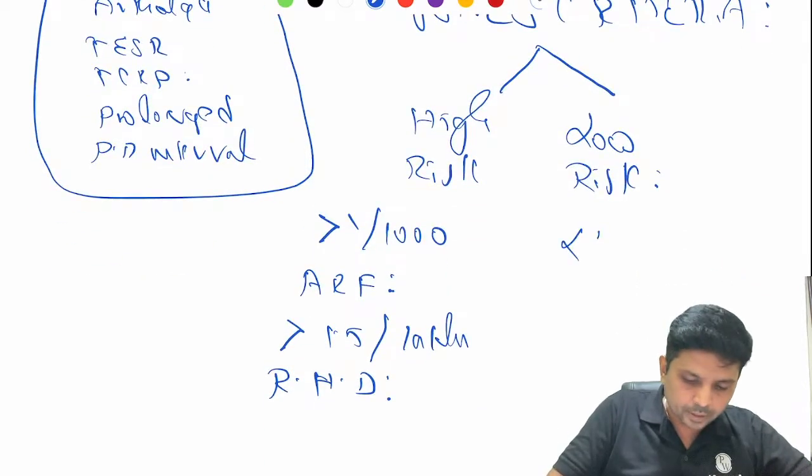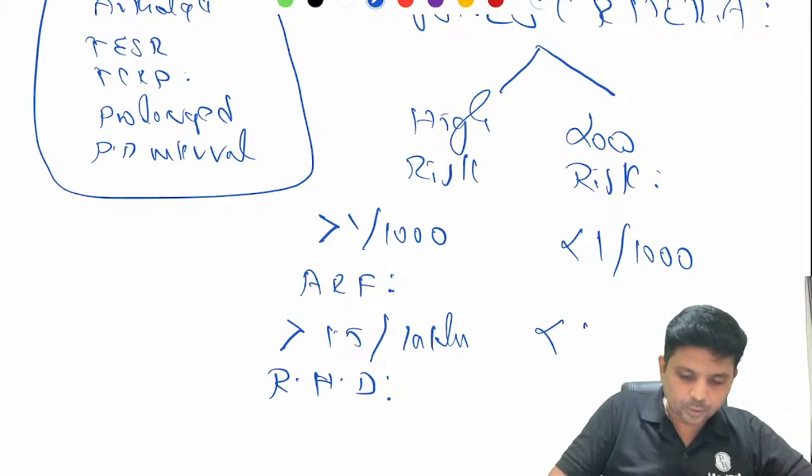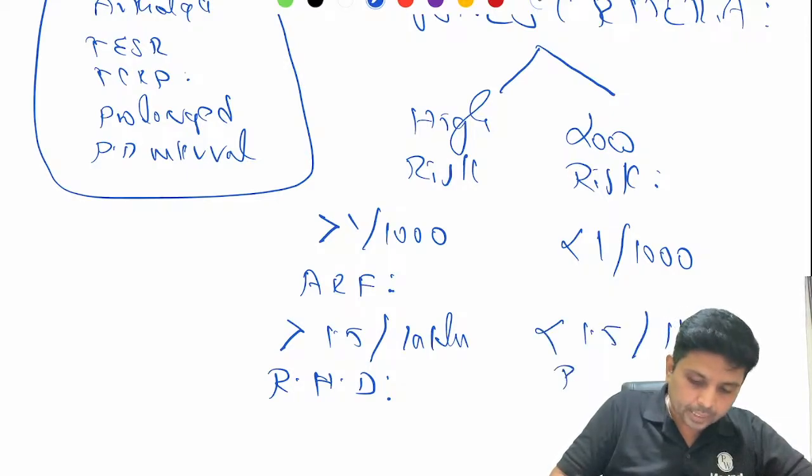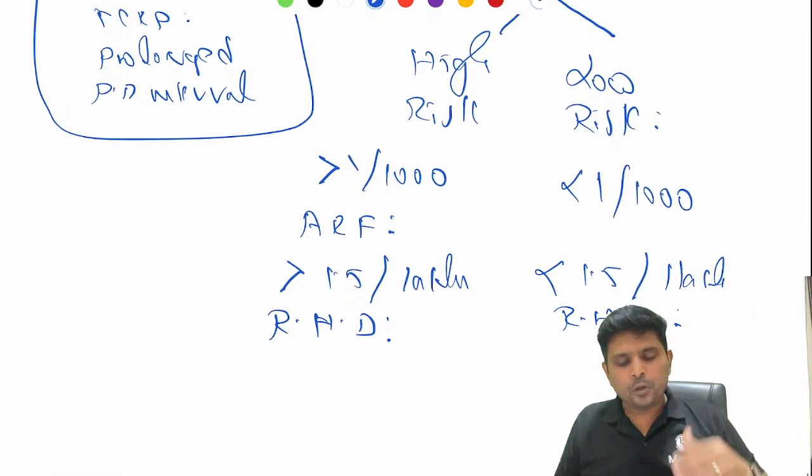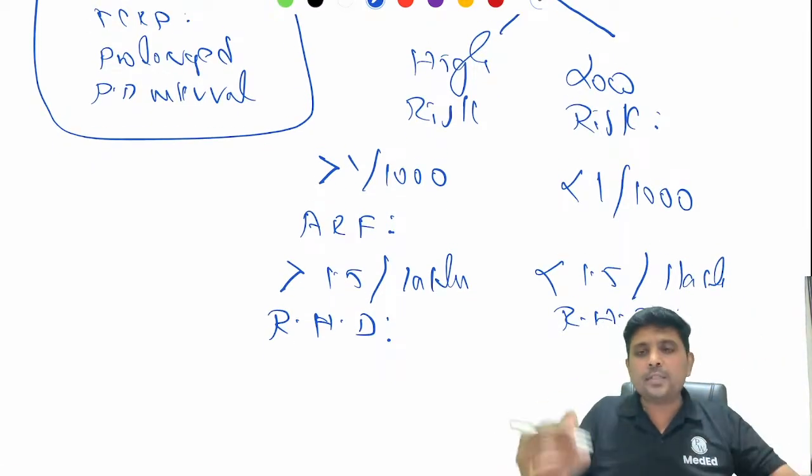Low risk means less than 1 in 1,000 of acute rheumatic fever, or less than 1.5 per lakh of rheumatic heart disease.